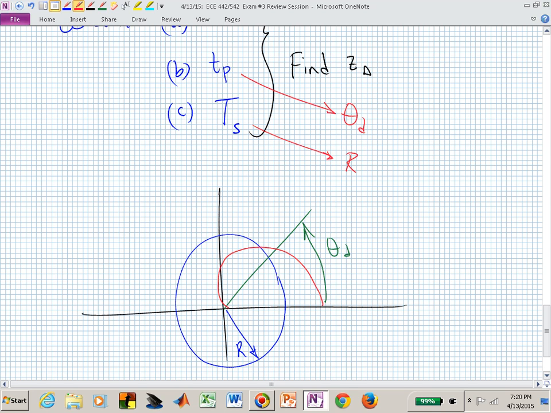So now let's say I want a peak time less than something and a percent overshoot less than. Which intersecting region do I need to be worrying about locating my z deltas on? And I haven't even said anything about settling time, have I?